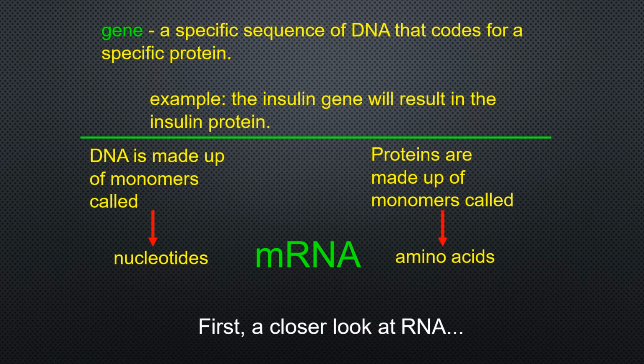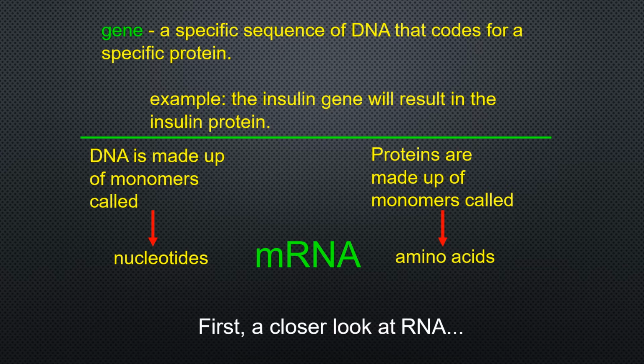And that mRNA is then read by other RNAs that we'll talk about to make the proteins. And the way they do that is the sequence of nucleotides gets converted to a sequence of amino acids. So the mRNA reads the sequence of nucleotides in the DNA and then produces the sequence of amino acids that then eventually make up the protein.